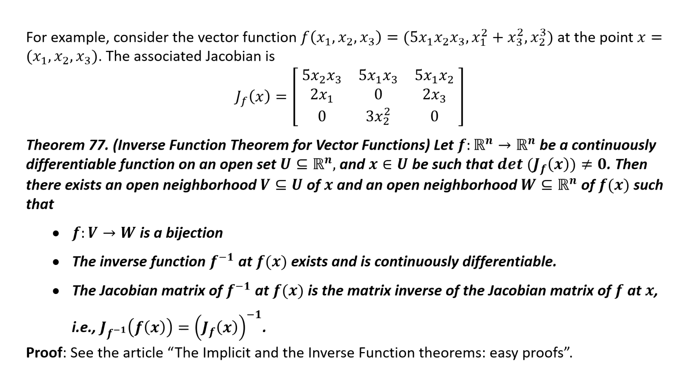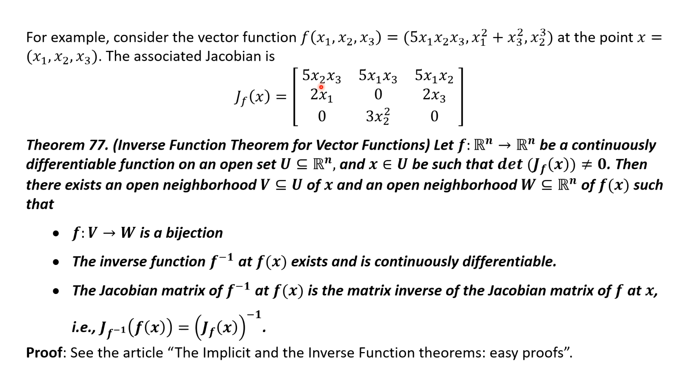Let's take the example first of the Jacobian. So we have a function of three variables, x1, x2, x3, and it maps to R3, so you have three components here. And the Jacobian at a point x would be the partial derivatives with respect to x1, x2, and x3 of the first term here.